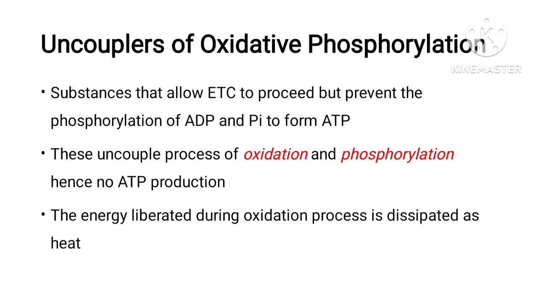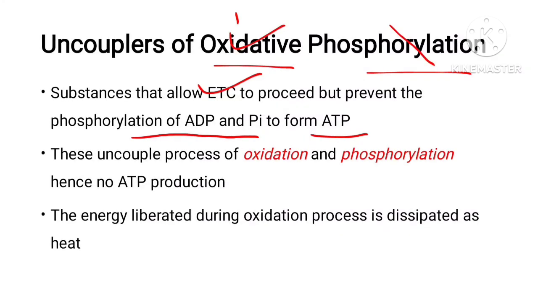Now let us see what happens in the case of uncouplers. Uncouplers are substances that uncouple oxidation and phosphorylation. These substances allow the electron transport chain to continue, but they prevent the phosphorylation of ADP and inorganic phosphate to form ATP. So oxidation will continue, but phosphorylation will not happen.